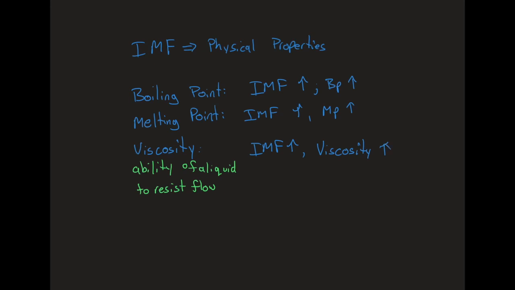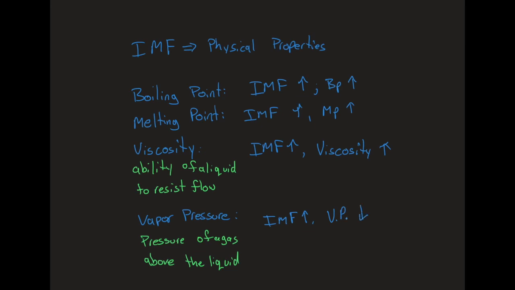And the last thing we want to think about is vapor pressure, which is the pressure of a gas above the liquid. And as intermolecular forces increase, this time vapor pressure decreases.